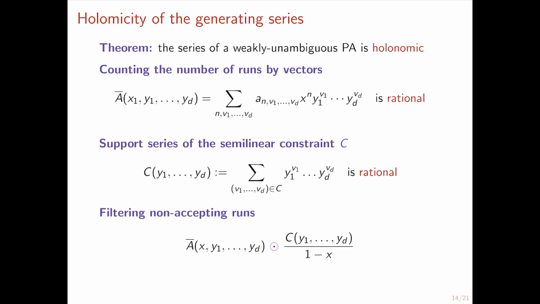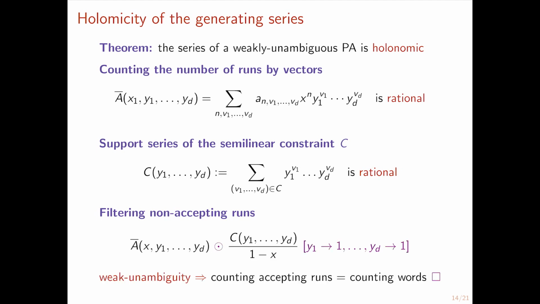The generating series of the accepting runs of the automaton is expressed by removing from the series the runs labeled by a vector that does not belong to the semilinear set C. This is done thanks to the Hadamard product. As the Hadamard product of two rational series is holonomic, the resulting series is holonomic too.